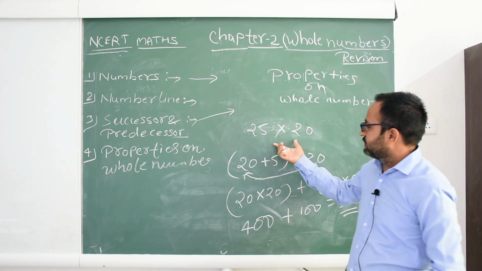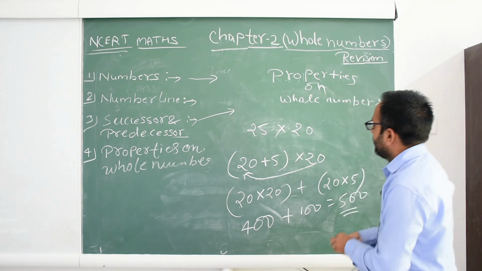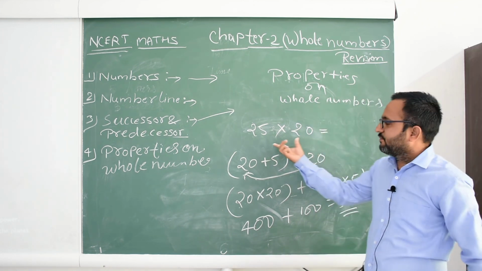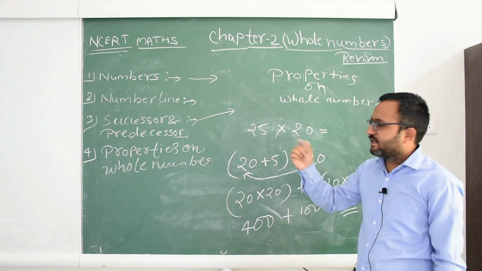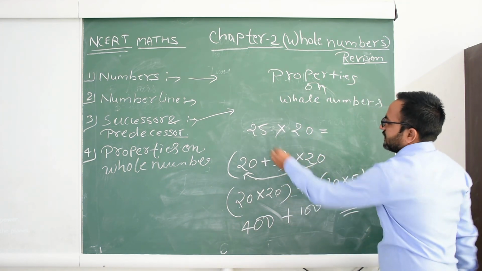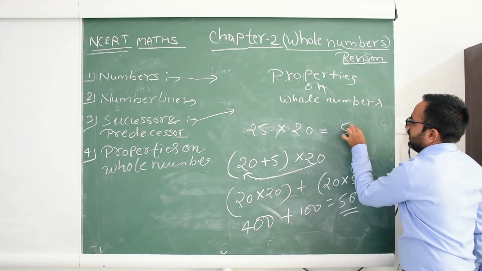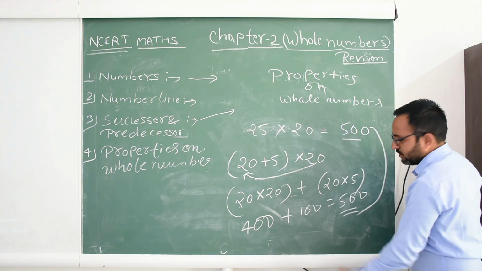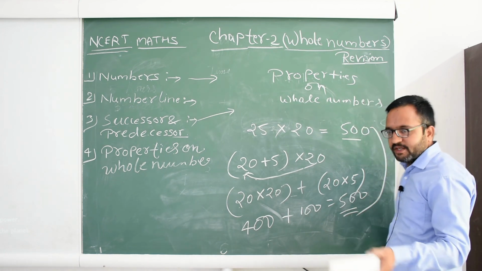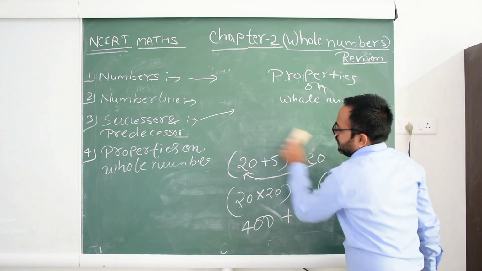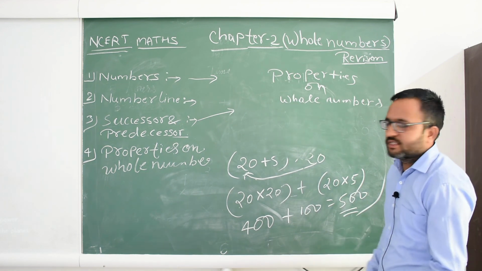And if we don't use the distributive property, our answer will be 25 times 20, and in both cases the answer will be the same. So what is the statement of the distributive property?